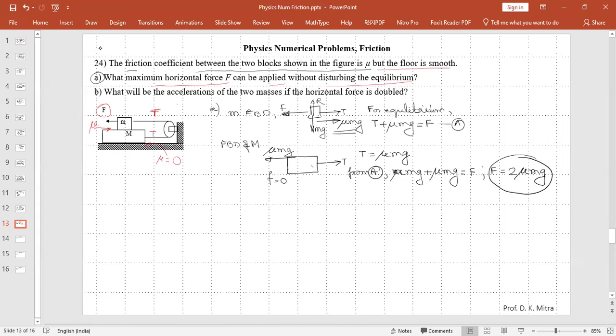This is one answer. Second part of the question is, what will be the acceleration of the two masses if the horizontal force is doubled?